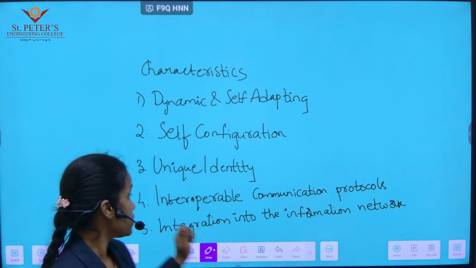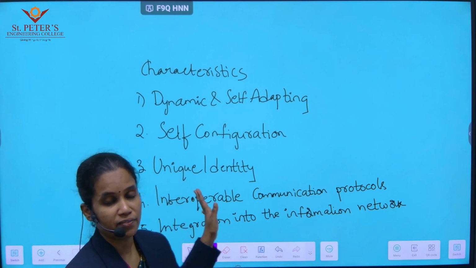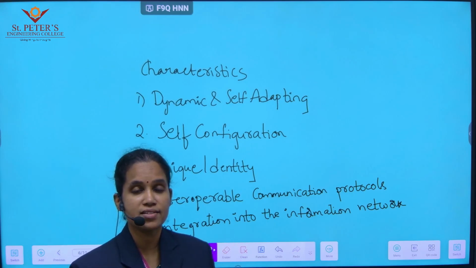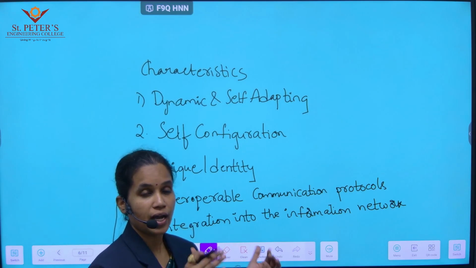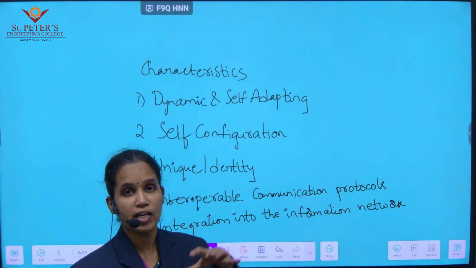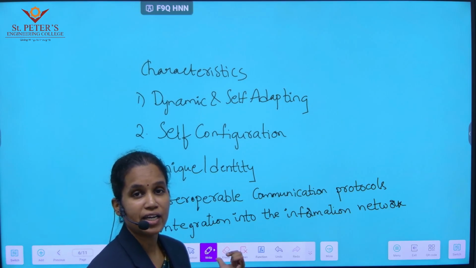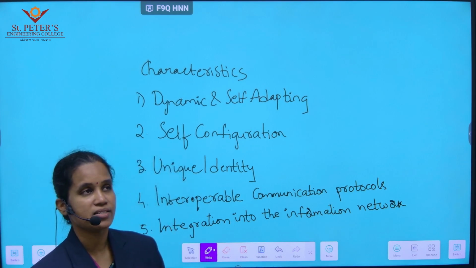Like for this unique identity that I have explained, every IoT device should be shown on the mobile app by itself, or it should get registered into the existing home network. But besides integrating into our home network, it should also be capable of integrating into a large database.